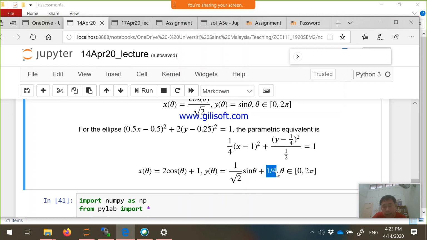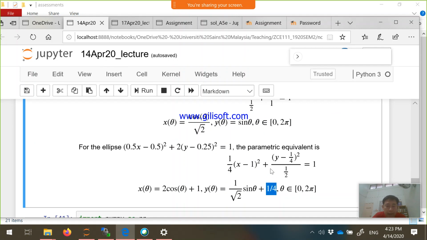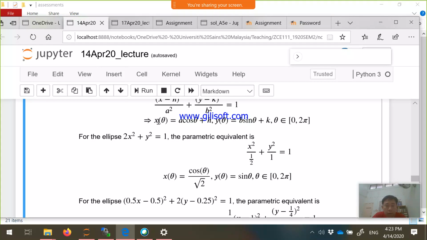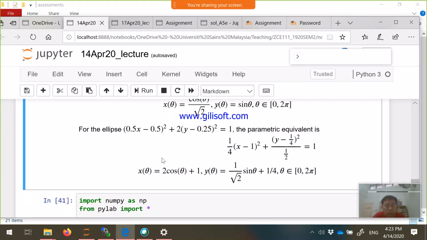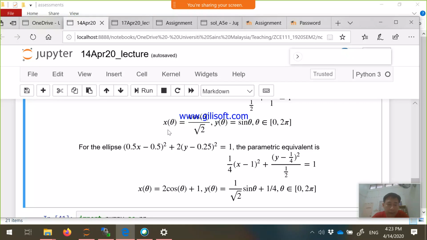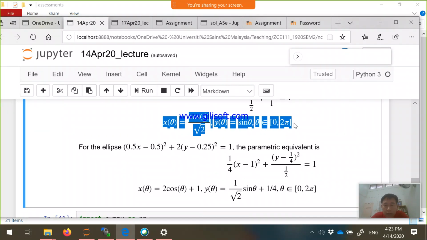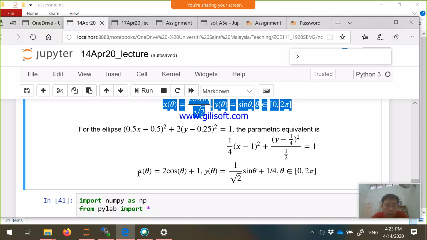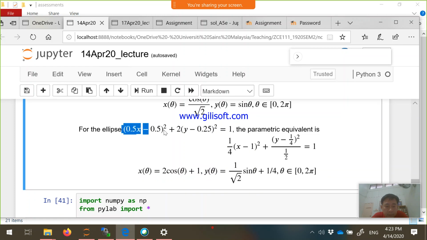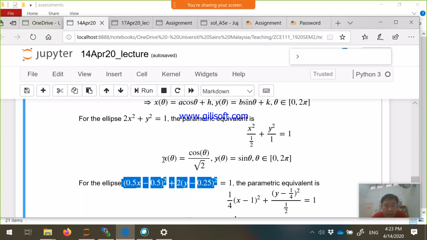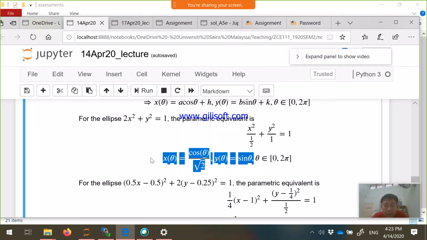Then this is the value of k, right? So you just follow these prescriptions, then you'll be able to work it out. So now I have successfully created these parametric equations and also these parametric equations. These parametric equations will describe this ellipse, and these parametric equations describe this ellipse.